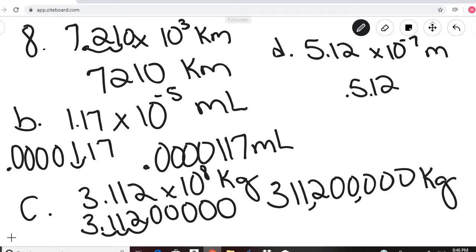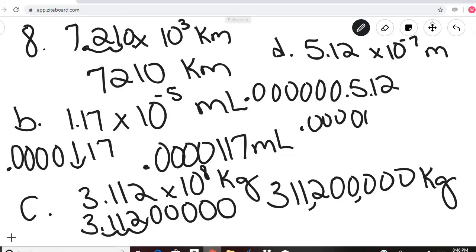So 1 gets us there, 2, 3, 4, 5, 6, 7. So decimal place is there. 0.000000512. So 6 zeros and 512, and we can't forget our units, so it's meters. Okay, that's number 8.